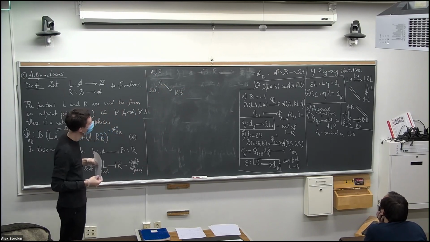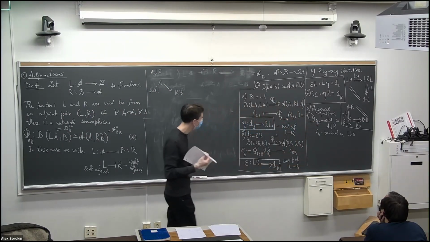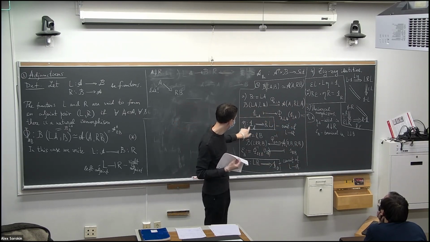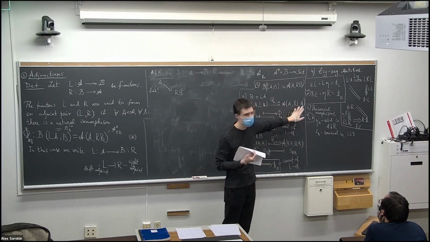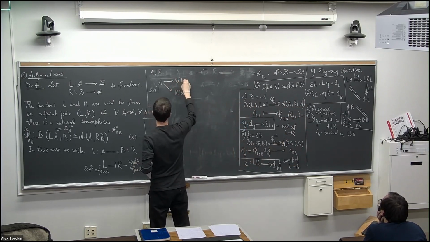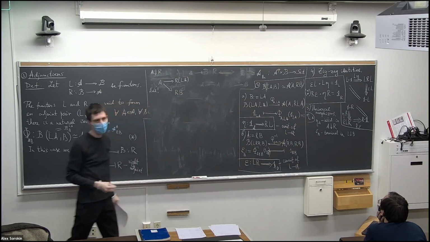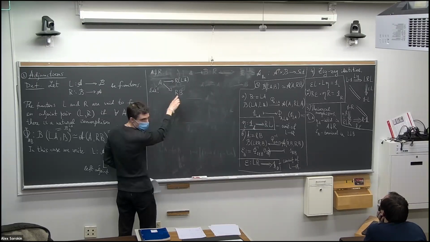And we have the morphism eta A, eta sub A. What is it? It's a morphism from A to R of L of A. So it's a morphism to R, and here is L of A. As you see, this is an object in the comma category.